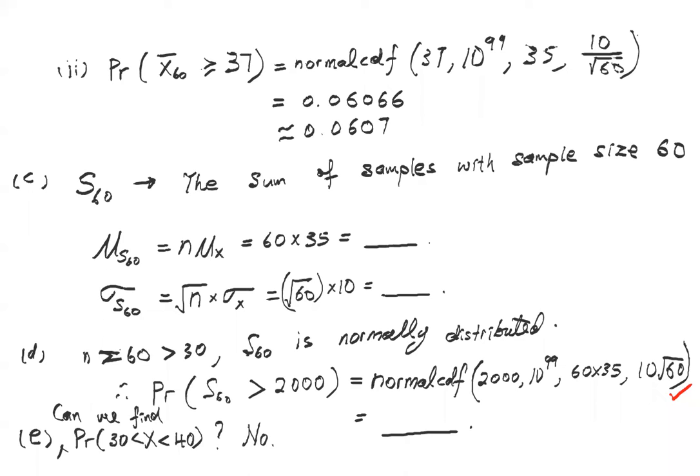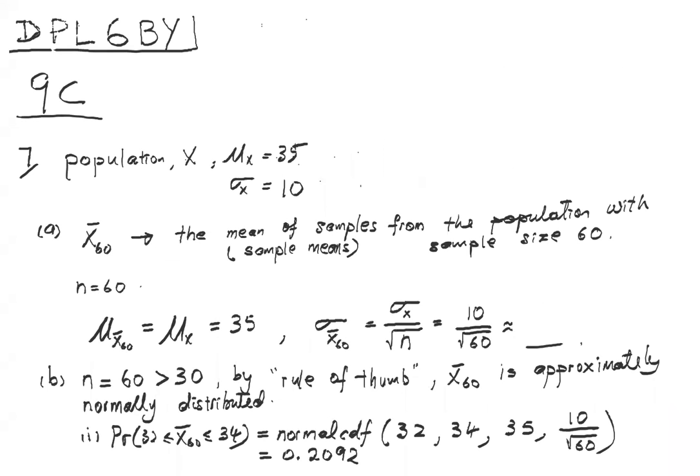Can you give me the reason? Because they did not mention that it is normally distributed. Yes, no. Because it didn't mention that X is normally distributed. Are you clear? So that is your explanation. So you have to read the question carefully. And the reason why we can use it for the rest is because of this: by the rule, n is greater than 30 here.